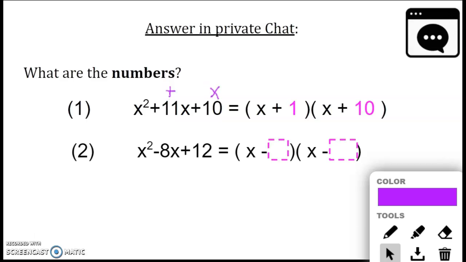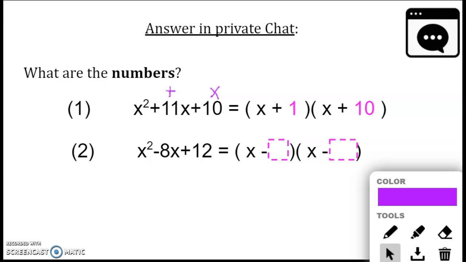Okay, let's try the next one. Remember, the last number is the product of the two constants, and the middle number is the sum of the two constants. So what do you think two numbers that will go here? Well, what times what is 12? We have 1 times 12, or 2 times 6, or 3 times 4. If you add them, which one is going to give me this negative 8?